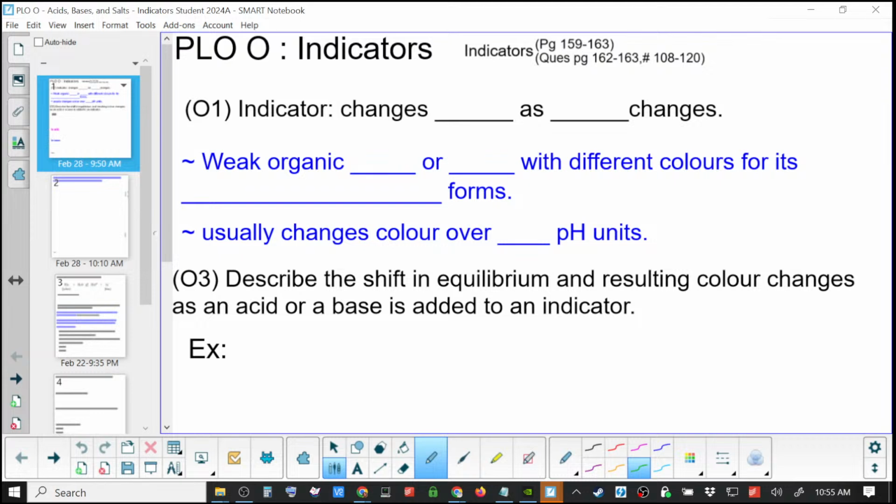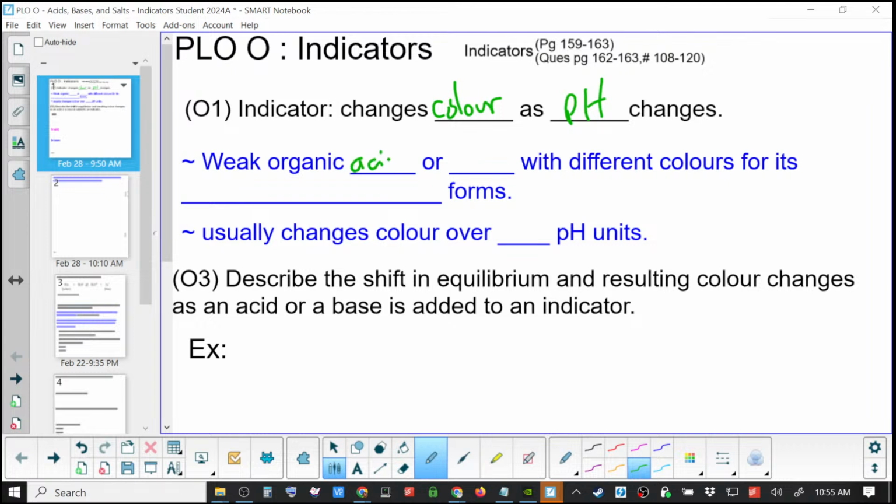You already know what indicators are. What are indicators? What do they do? They change color. As what? What are they measuring the change of? pH. You did titrations. You've already seen that. They're a weak, usually organic acid or base. Theoretically they don't have to be, but I'm struggling to think of one that's not.